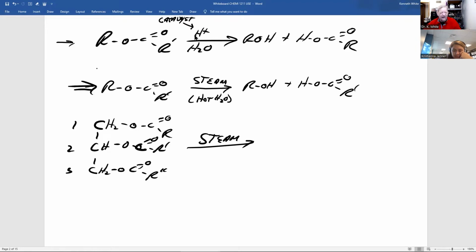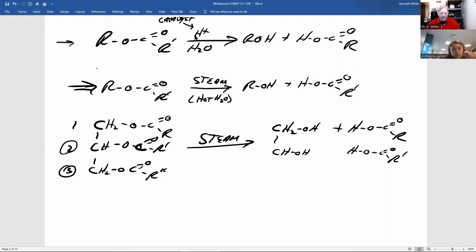Here's the general reaction. So the first ester, I'll get this alcohol plus this carboxylic acid. The second ester, I'll get this alcohol plus this carboxylic acid.